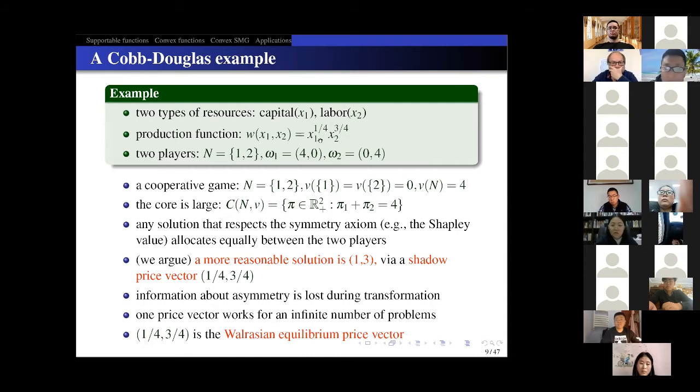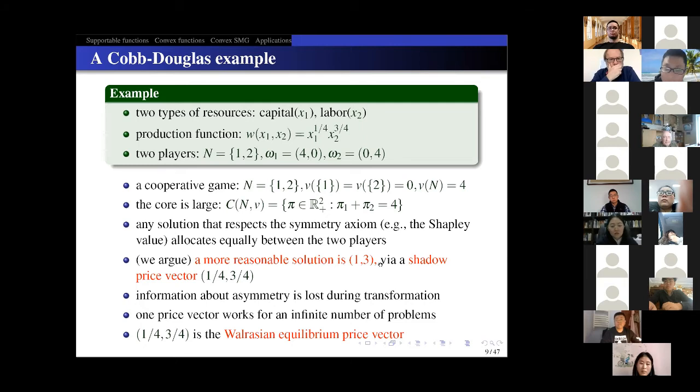We can see from this Cobb-Douglas function that for capital x1, its power is 1/4, but for labor x2, its power is 3/4. So we may feel that labor is more important than capital because player 2 owns all the labor. We may feel that it is reasonable to allocate more to the second player. So my new solution 1-3 respects this original asymmetry, compared with the Shapley value.